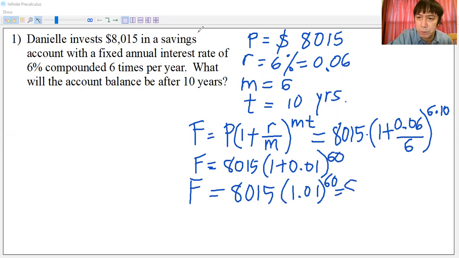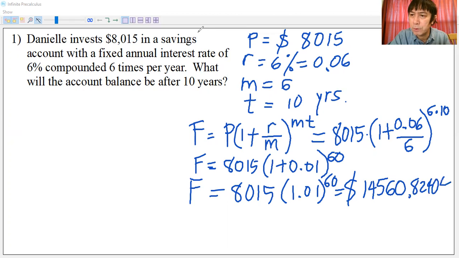And this will be amounting to, all right, let's compute. This is 8015, you can use a calculator for this, times 1.01 raised to the power 60, and that will be about 14,560.82404.